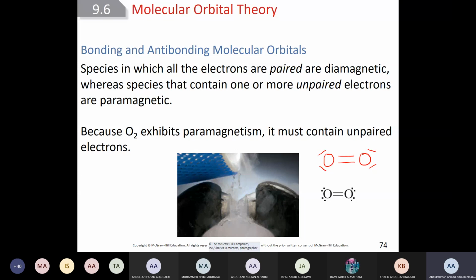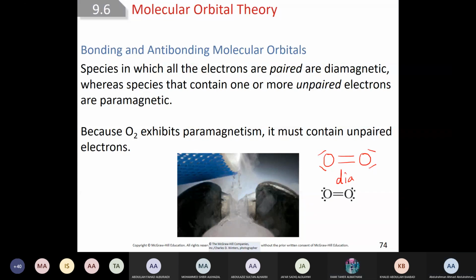Is this going to be paramagnetic or diamagnetic? Para or dia? Come on, I need an answer. Diamagnetic, according to this structure.